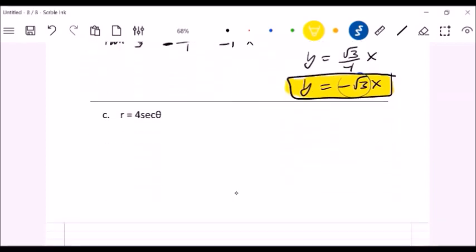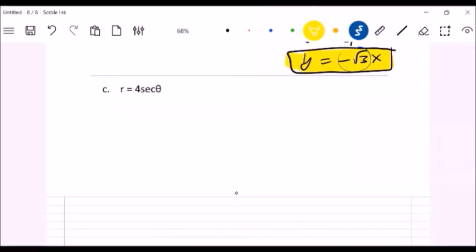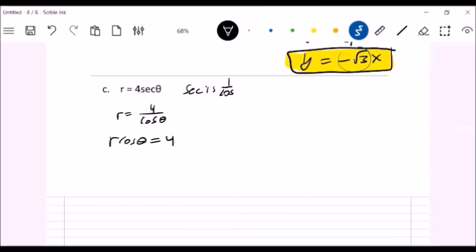Okay, the last thing to look at here, r equals 4 secant theta. Secant is 1 over cosine, so let's change it. r is equal to 4 over cosine theta. Multiply both sides by cosine theta. I get r cosine theta is equal to 4.